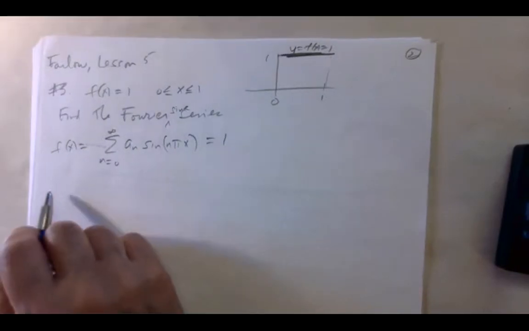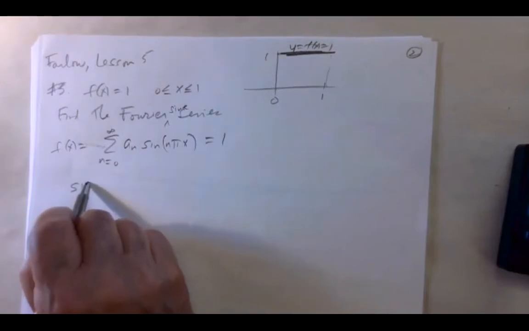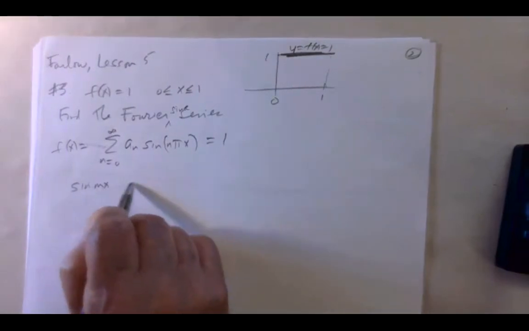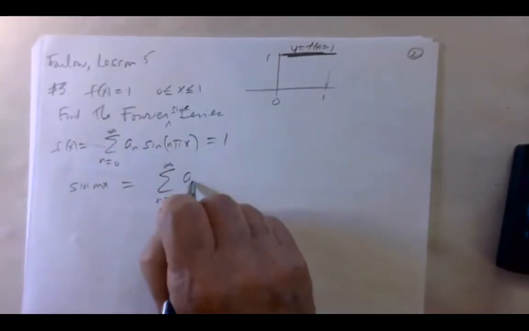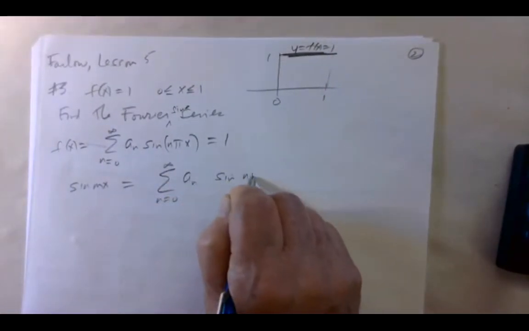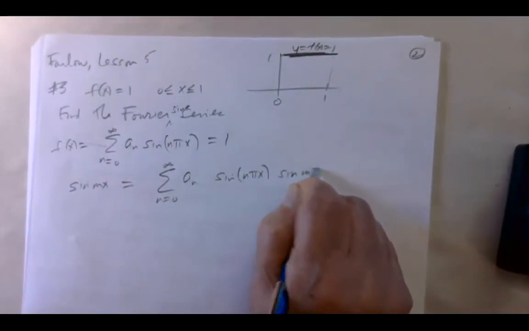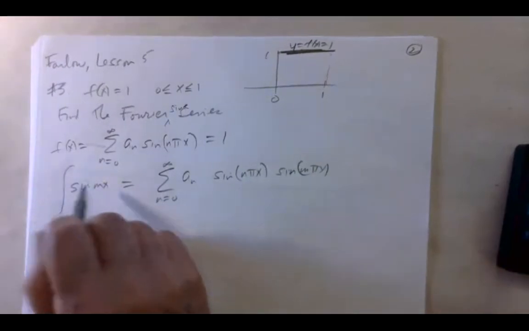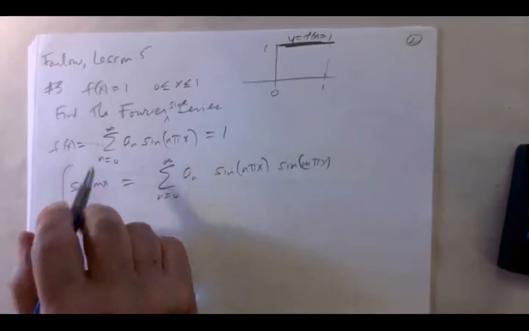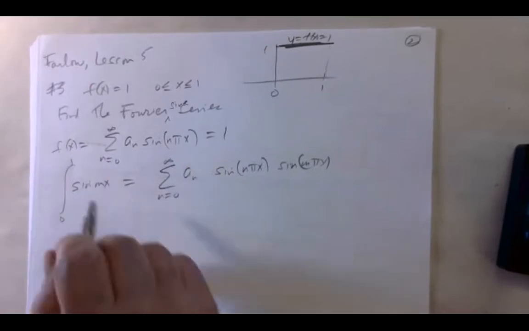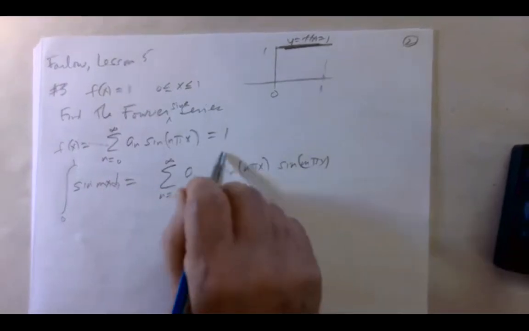So if we multiply by sine m pi x, this is the sum, n goes from 0 to infinity, a_n sine n pi x sine m pi x. And if we integrate from 0 to 1 with respect to x, we can interchange summation and integration.